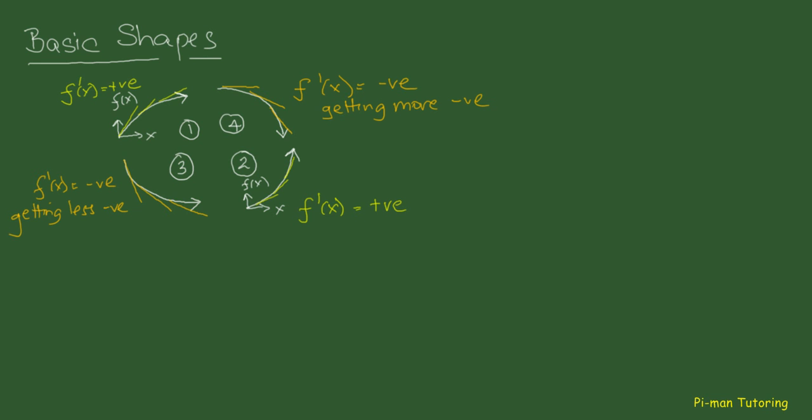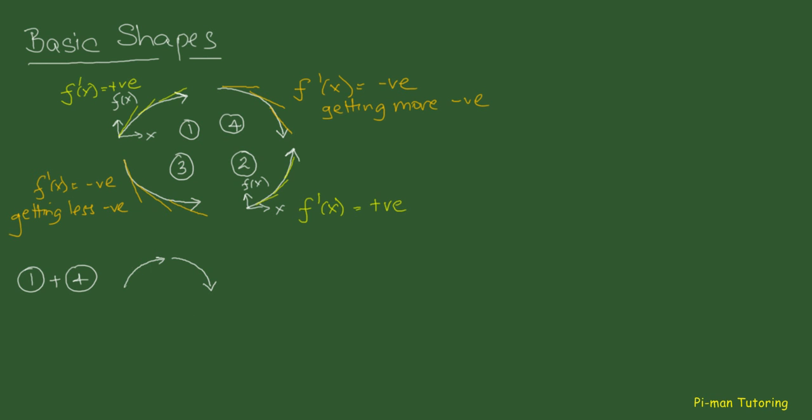So those 4 types of curvature are obviously typical of what we might see when we plot a function. And what happens when we get a couple of those close together? So if we have 1 adjacent to 4, we're going to have a function that is positive but tending towards a slope of 0, followed by a part of the function that is negative and getting more and more negative.